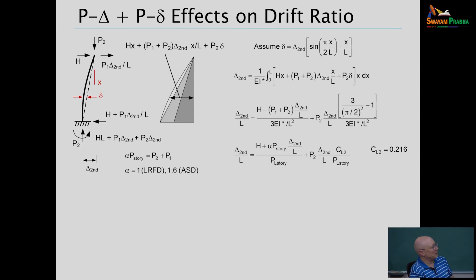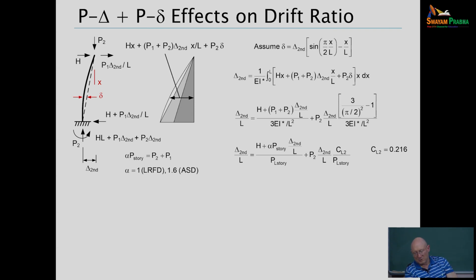And that's often taken as, if you do this for various problems, if you have a cantilever like this, or if you have a column fixed against rotation at both ends and lateral loading, you'll get a C sub L of 0.216 there also. C sub L is what's coming out of that bracketed term.